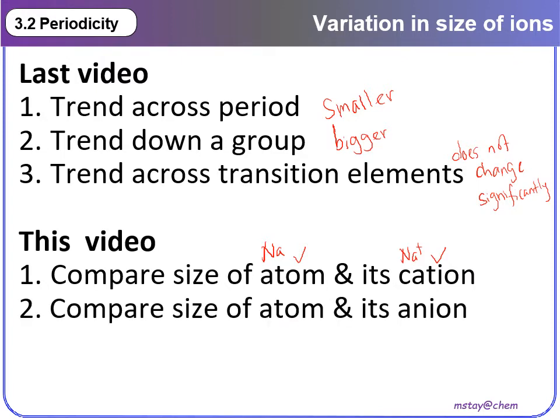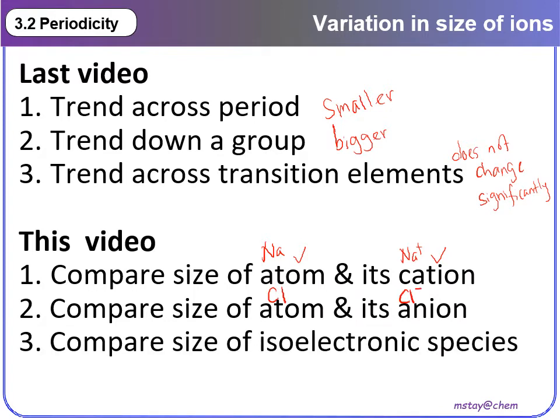Next will be atom with anion, for example, chlorine and chloride ion. And lastly, we are going to discuss isoelectronic species, which means they have the same number of electrons or are considered to have the same electron configuration.